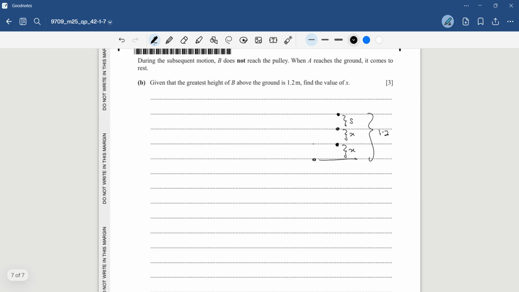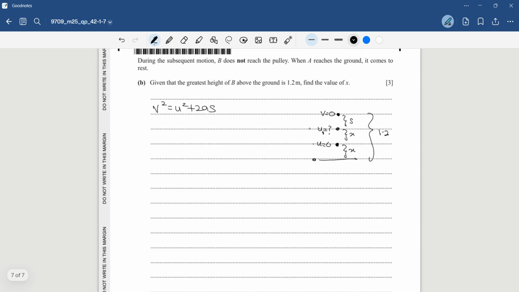For S, they move up under gravity, like free fall. First we try to find u. Here my u is equal to 0, and here is another u which I don't know, and here my v equals 0. So I find the u1 first. For that we can use v squared equals u squared plus 2as.